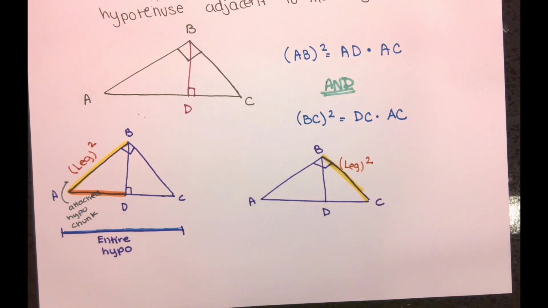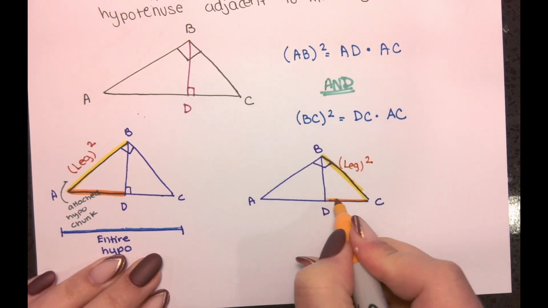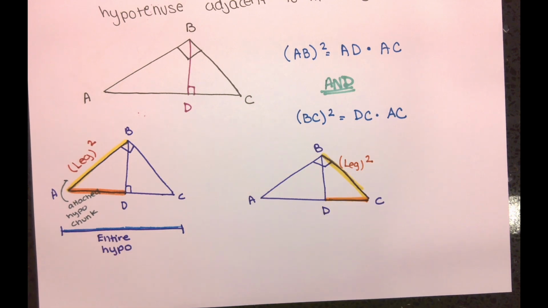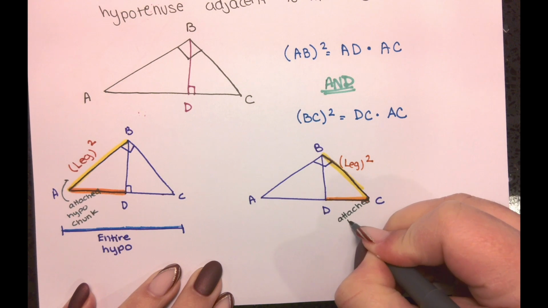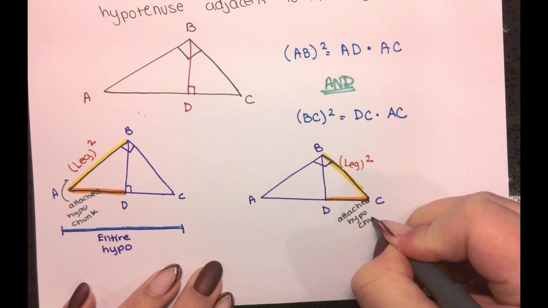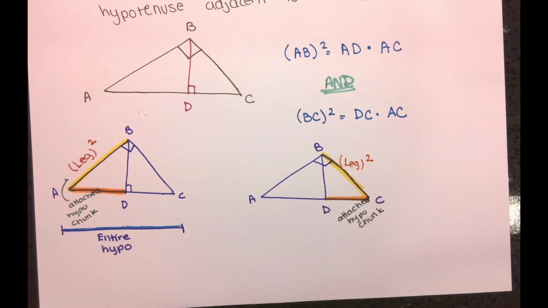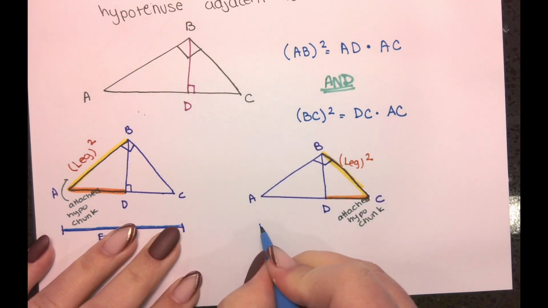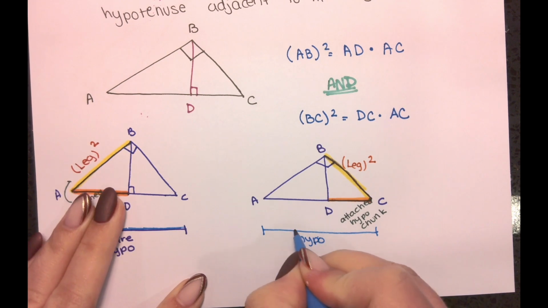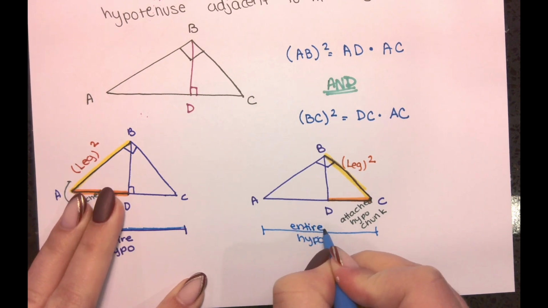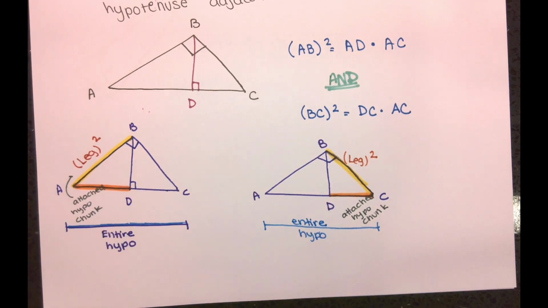Remember, we want the attached hypotenuse chunk times the entire hypotenuse. Leg squared is equal to the attached hypotenuse chunk times the entire hypotenuse.